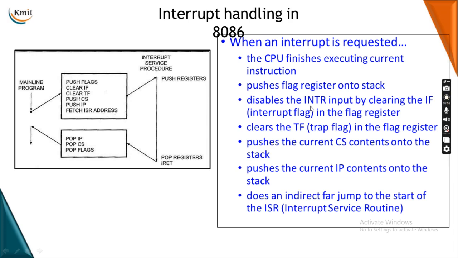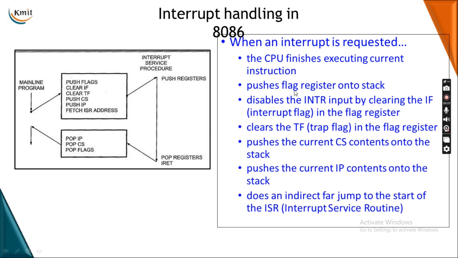Then it pushes the current CS contents onto the stack, so whatever the current code segment is goes onto the stack. It pushes the current IP contents, the instruction pointer, onto the stack and does an indirect far jump to the start of the interrupt service routine.